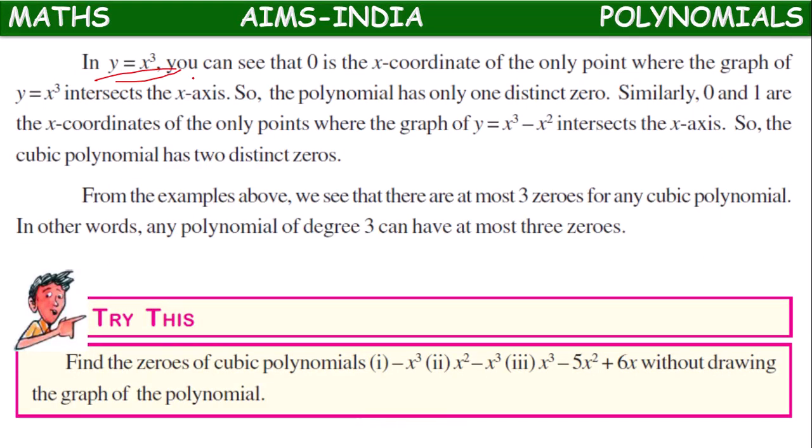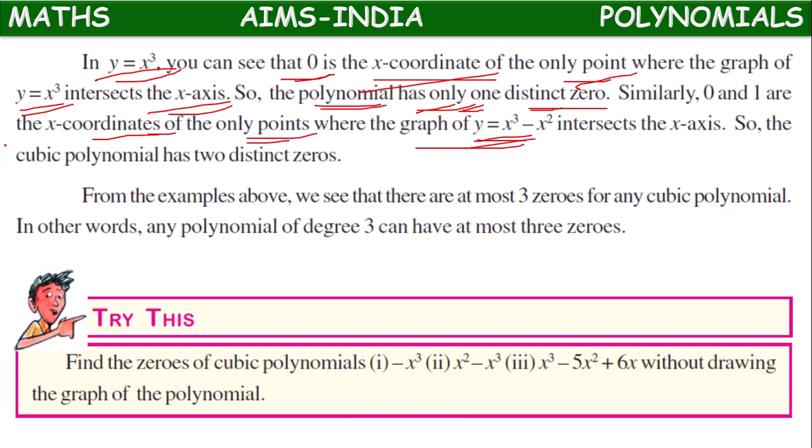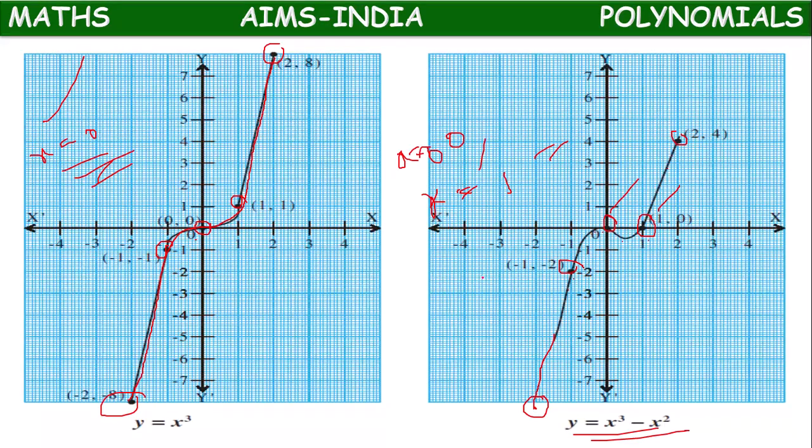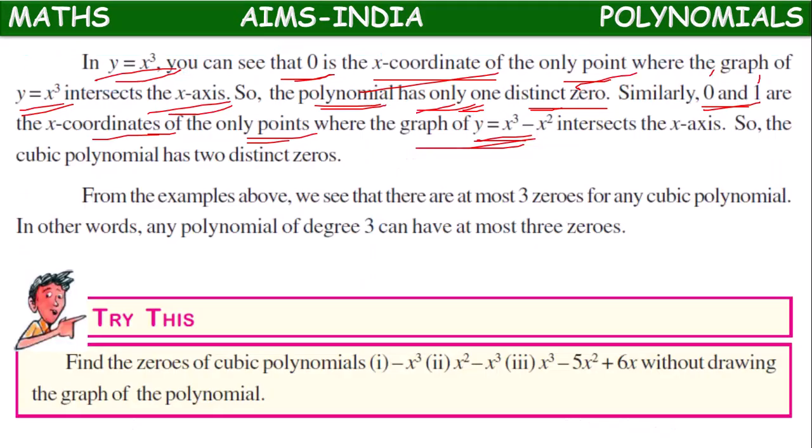So for y equal to x cube, 0 is the x coordinate of the only point where it intersects the x-axis. The polynomial has only 1 zero in this case, which is 0. For the second one, the graph is intersecting the x-axis at 2 points, 0 comma 0 and 1 comma 0, whose x coordinates are 0 and 1.